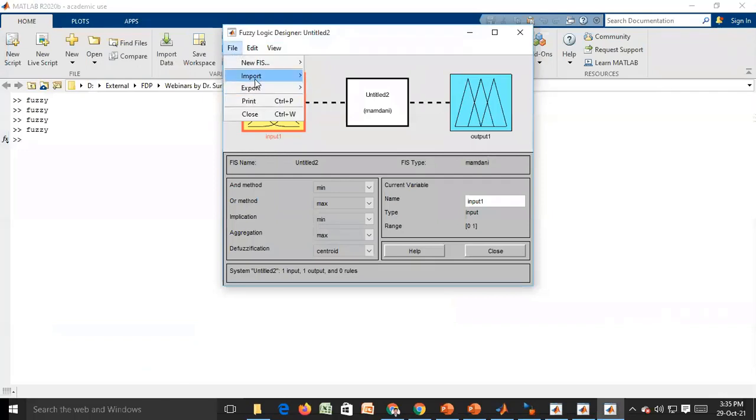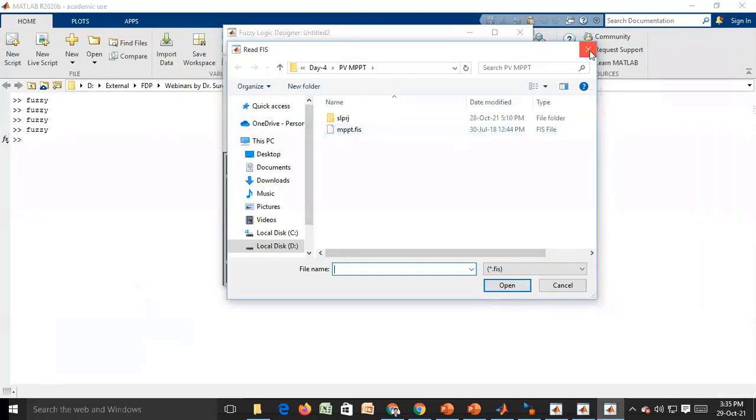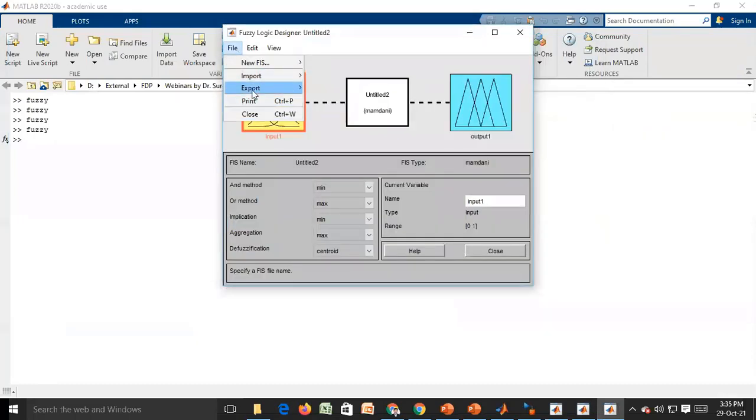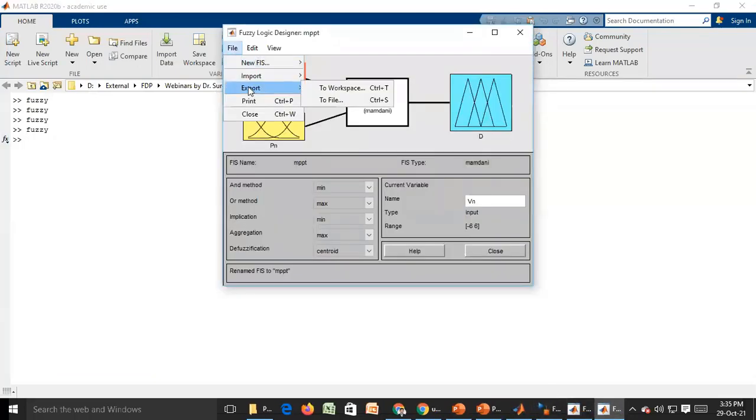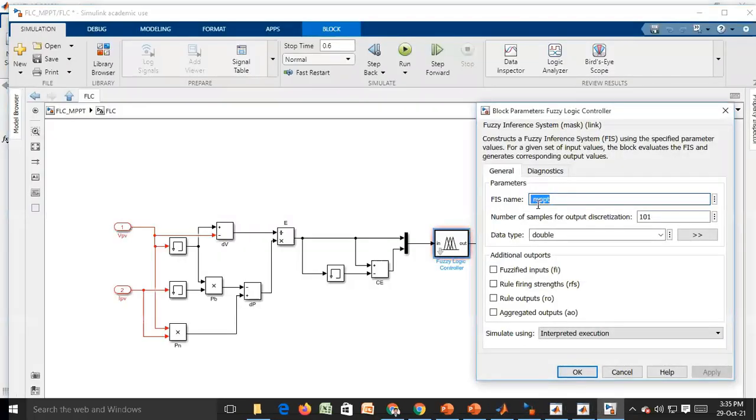From the file, I have imported the already saved file, then I'm exporting that file to the workspace. The name I have given, MPPT, has to be called back here.